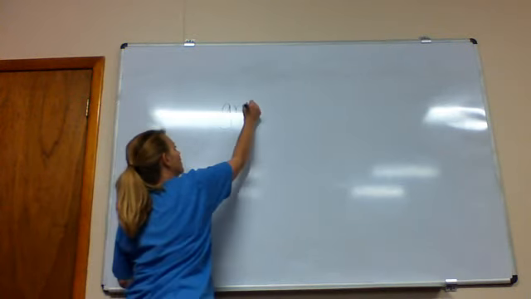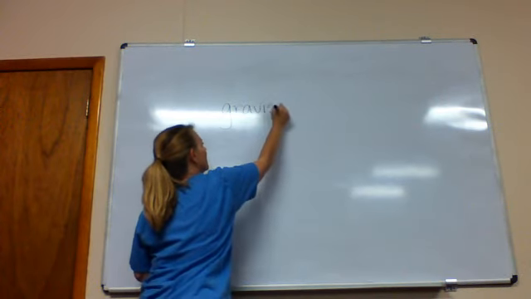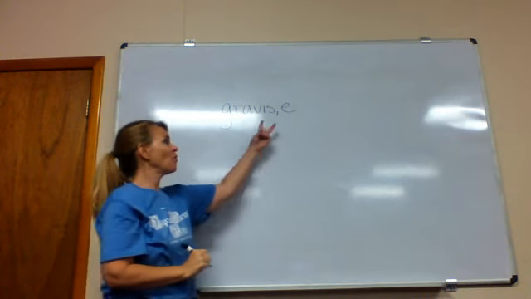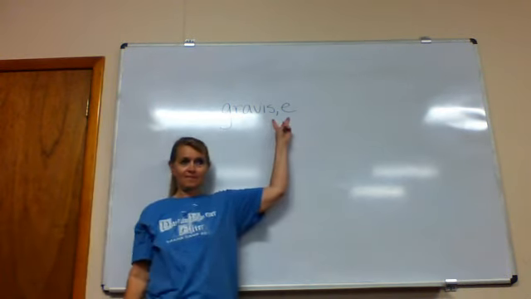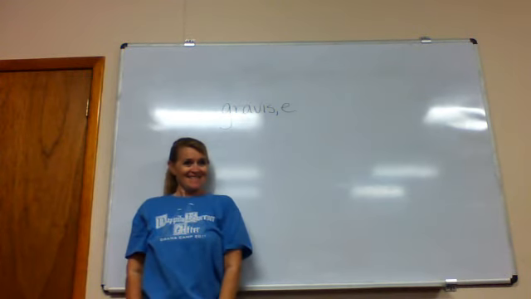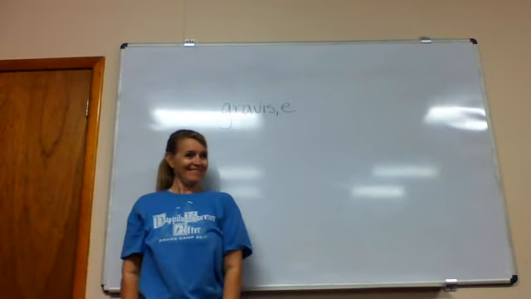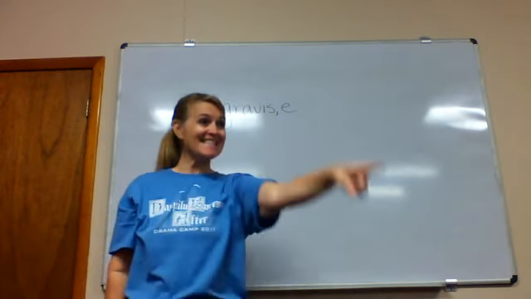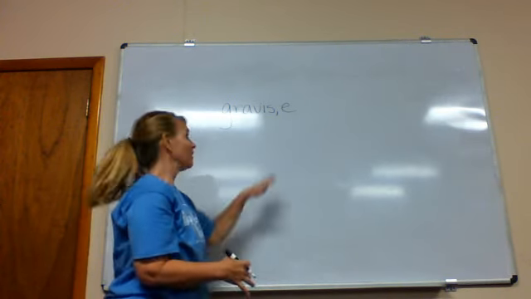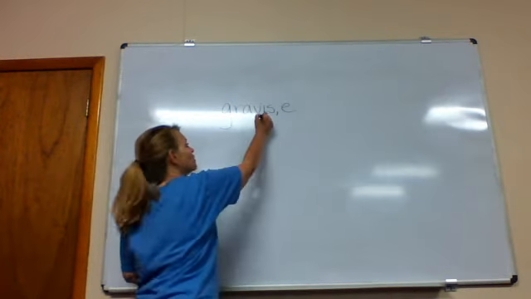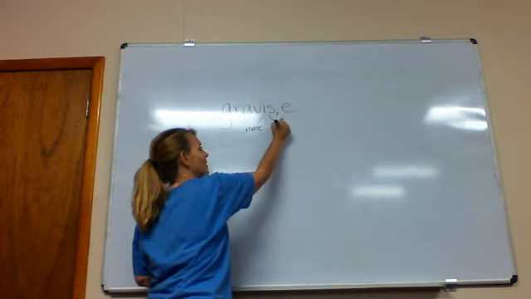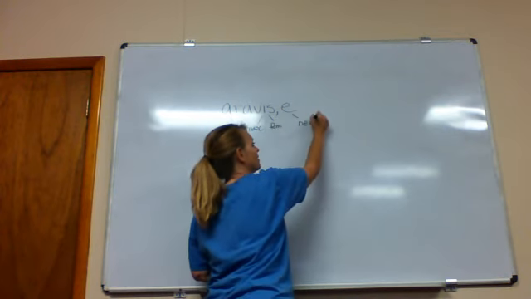Does anybody know why there are only two endings? Remember how we talked about lex can be both masculine and feminine? Well, that's just like this. So this one is both masculine and feminine. They're going to be the same. And this is your neuter.